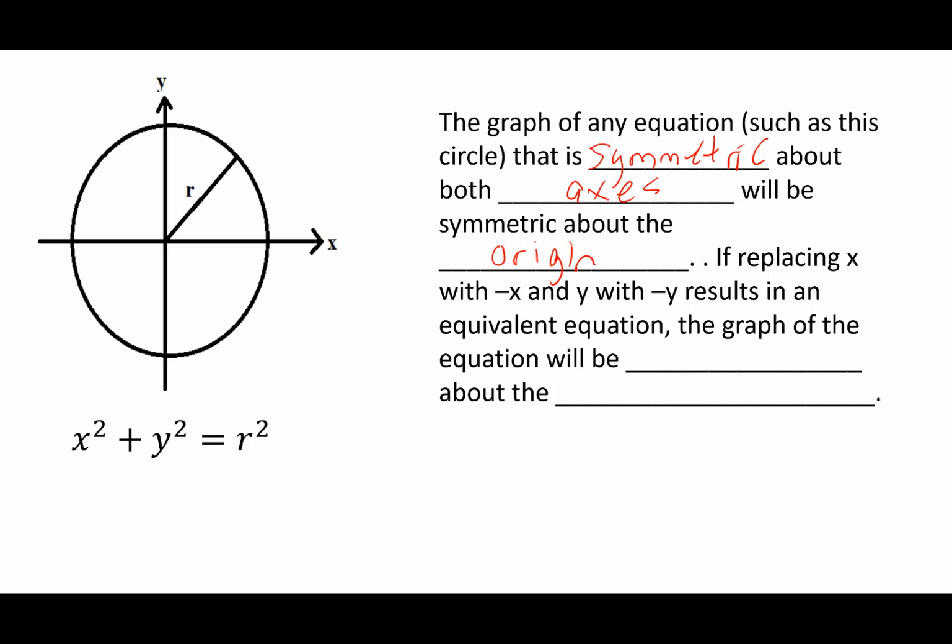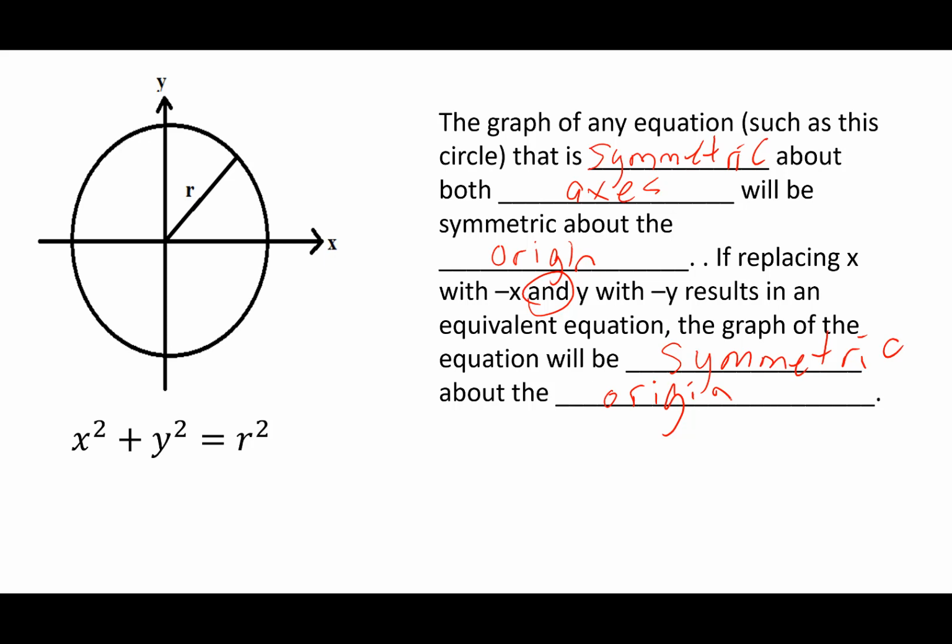If replacing x with negative x and y with negative y results in an equivalent equation, the graph of the equation will be symmetric about the origin. So in this case, you look at the equation and you replace all the x's with negative x and all the y's with negative y. And if the equation stays the same, then you know it's symmetric about the origin.